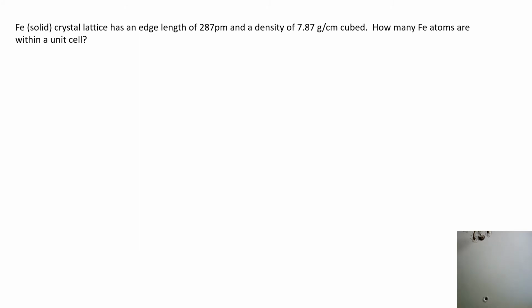So in this problem, we are not told what type of crystal lattice or cubic unit cell we have, but we're given an edge length and the density of solid iron. And we're asked how many iron atoms are within a unit cell. So we can use this information to determine how many atoms are present in a unit cell.